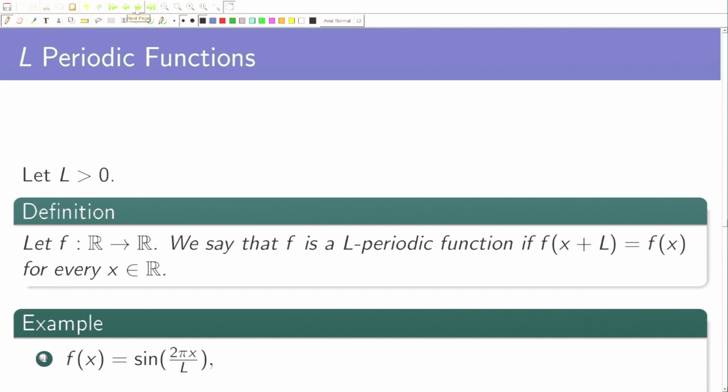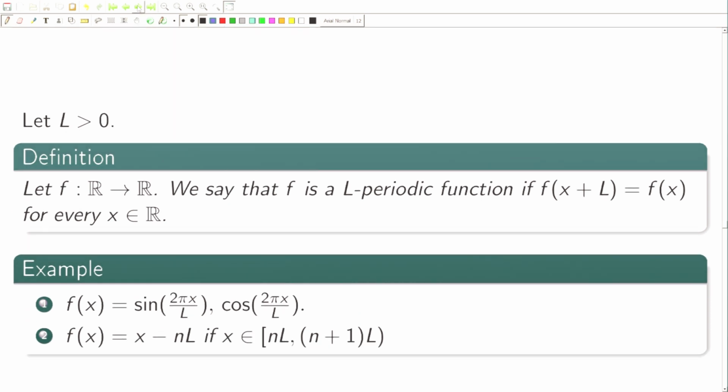So, for example, you can take f of x equal to sine of 2 pi x by L. Then f of x plus L is equal to sine of 2 pi times x plus L divided by L, which is equal to sine of 2 pi x by L plus 2 pi L by L, which is 2 pi.